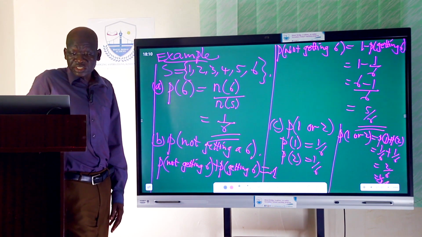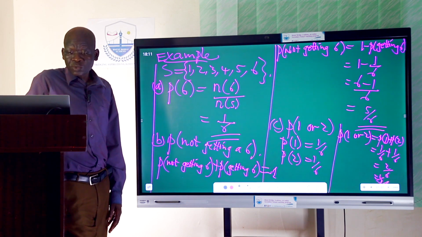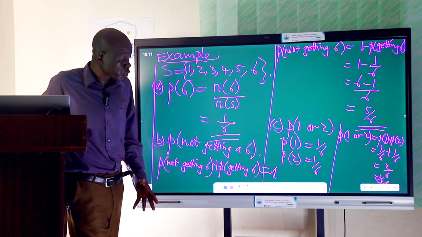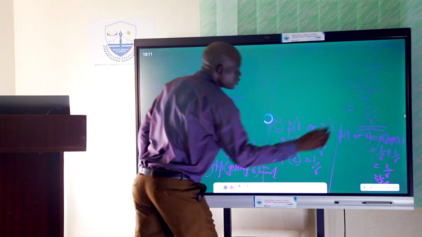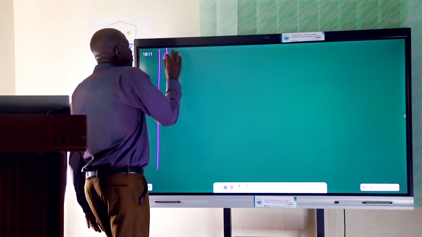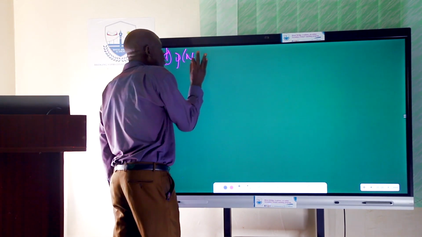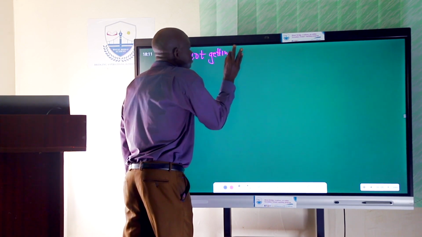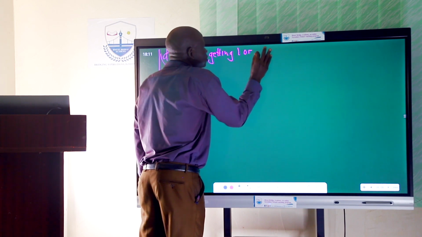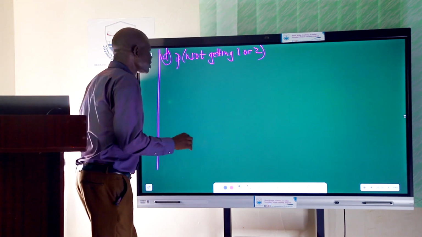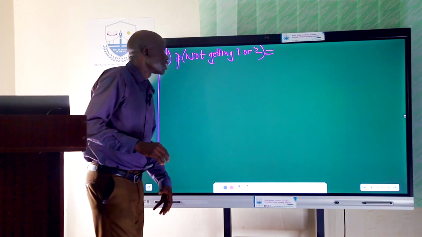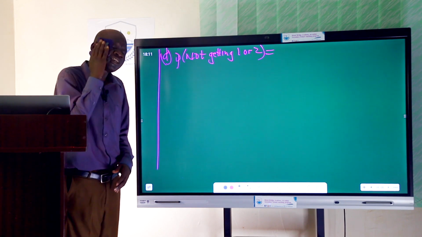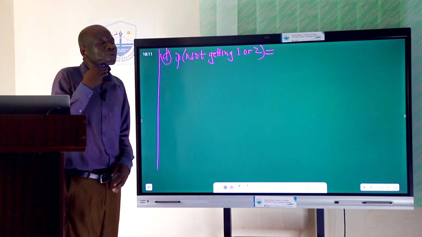Then the next is part D, which says find the probability of not getting a 1 or 2. This now takes us to the other formula, that is the probability of an event occurring plus the probability of an event not occurring is equal to 1.